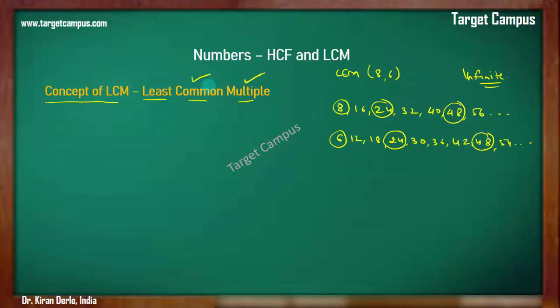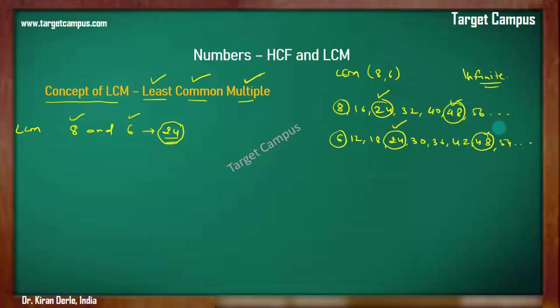But out of those common multiple, we want least common multiple. Which is the least common multiple? Is 24. So LCM of 8 and 6 is 24, right? 24 is least common multiple. This is common multiple of 8 and 6 both, and which is least also, right?